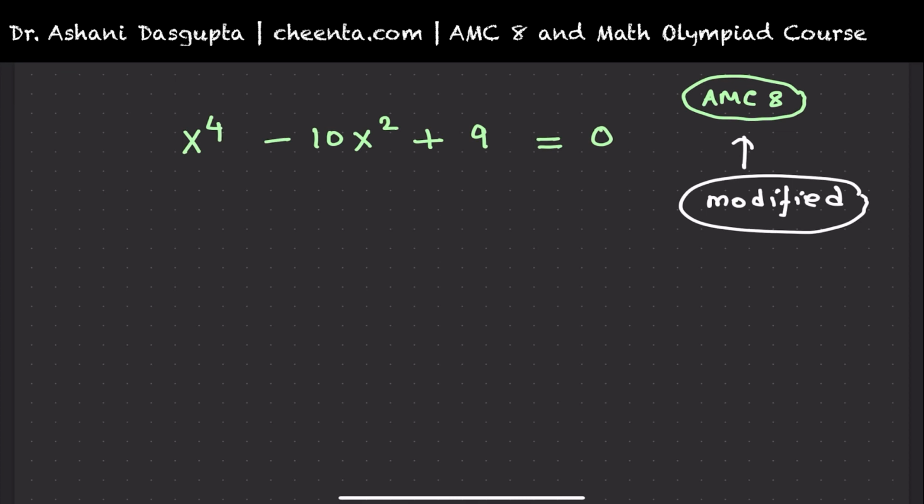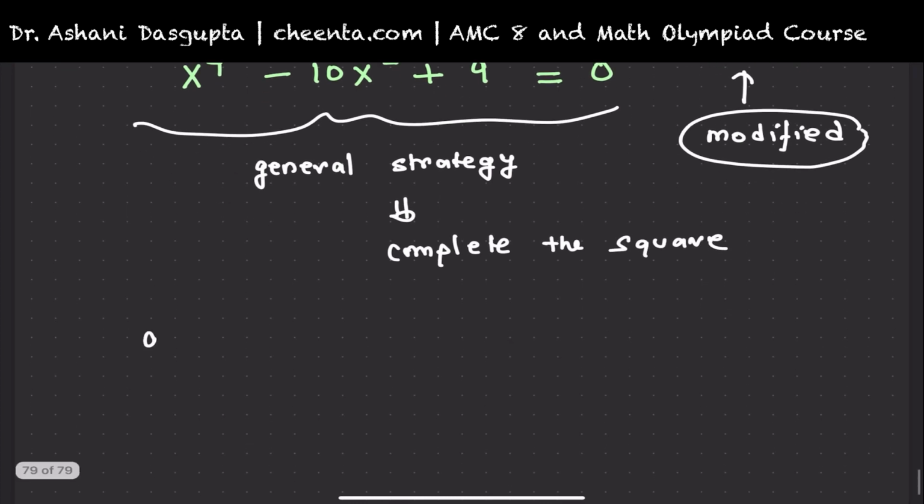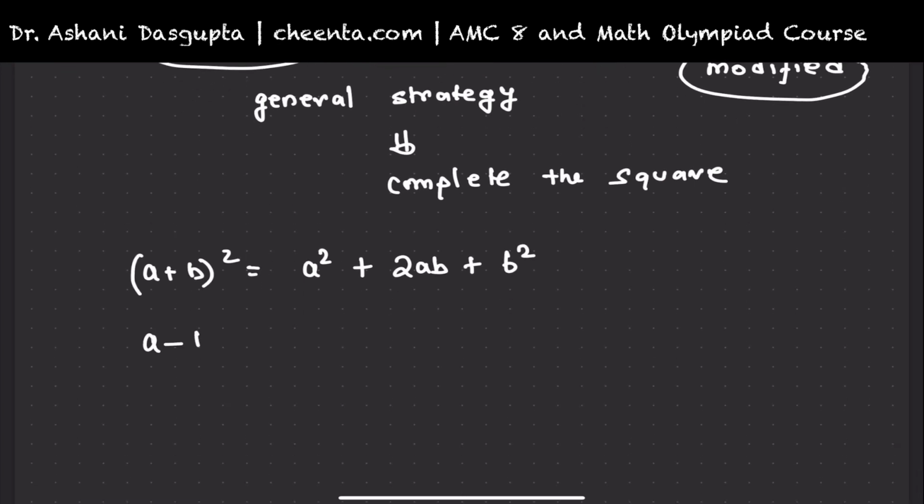Anyway, so the general strategy should be to complete the square. So what does that mean? It means you would want to use the formula of a plus b whole square, which is a square plus 2ab plus b square, or you would want to use a minus b whole square, which is a square minus 2ab plus b square.